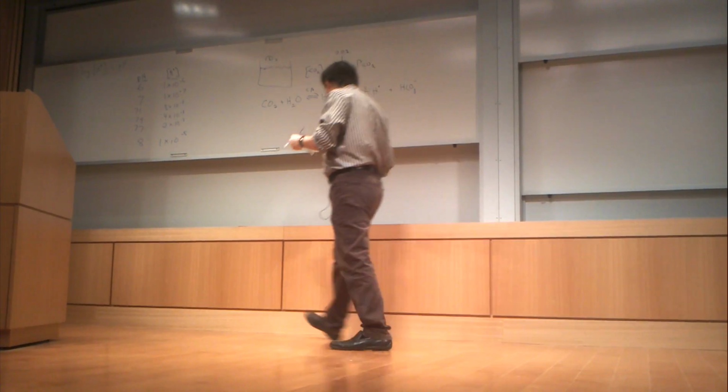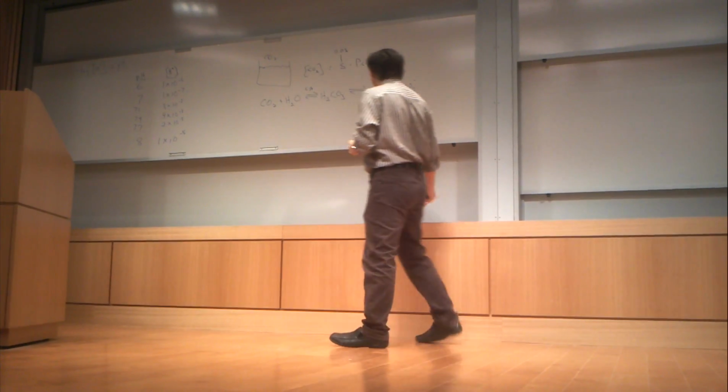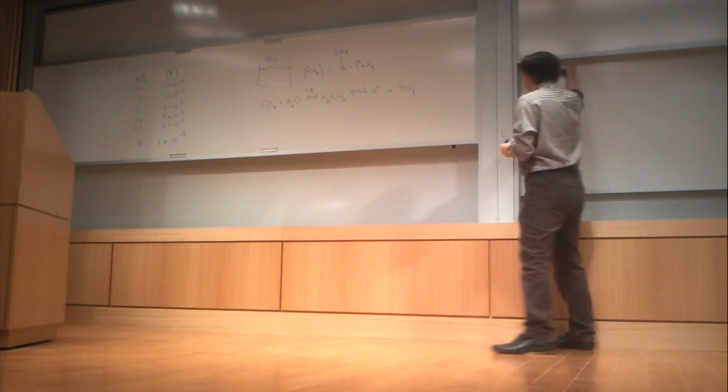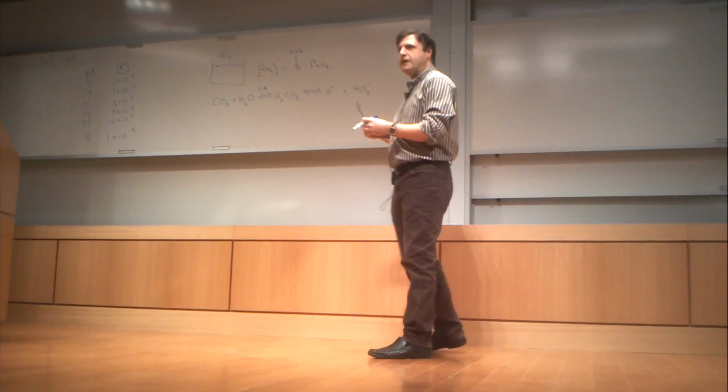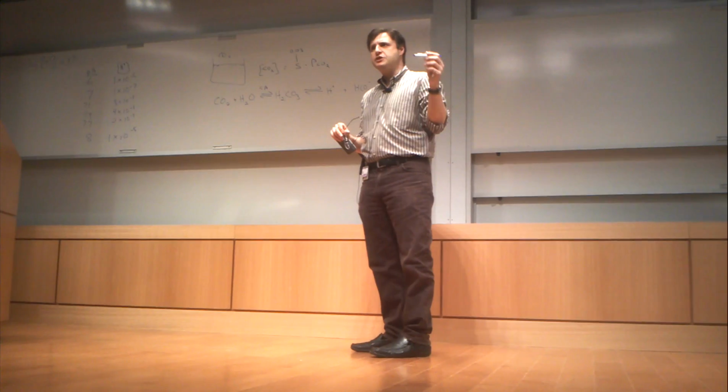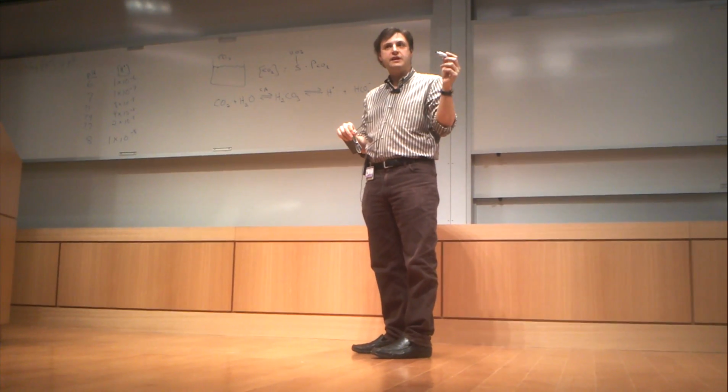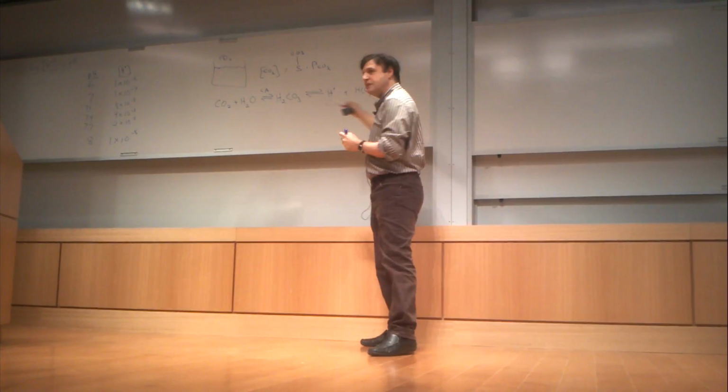Okay, so let's see what we want to do. Well, you have to go back to chemistry. And we remember every time we have a chemical reaction, there's an equilibration constant, right? That goes with that. And that can be written out as a mathematical expression.